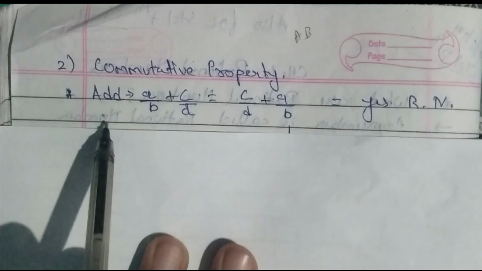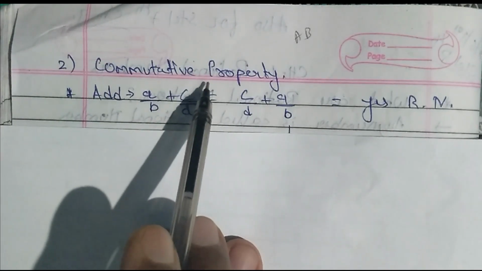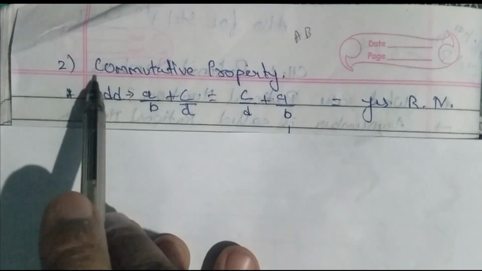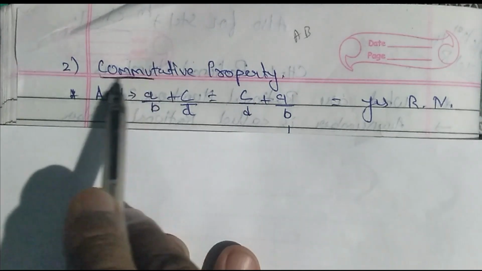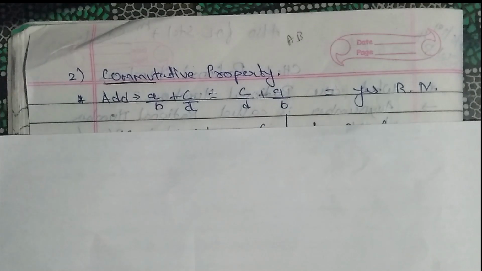Now the second property, that is commutative property. Before starting this property, I would like to explain the word commute. The word commutative comes from commute, or move around. So the commutative property is one that refers to moving stuff around.